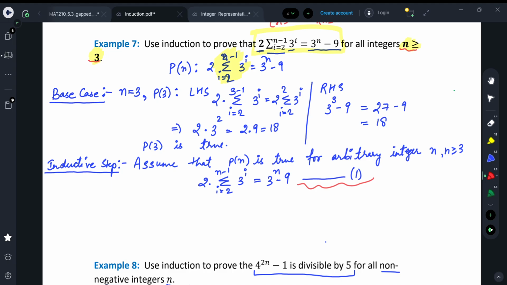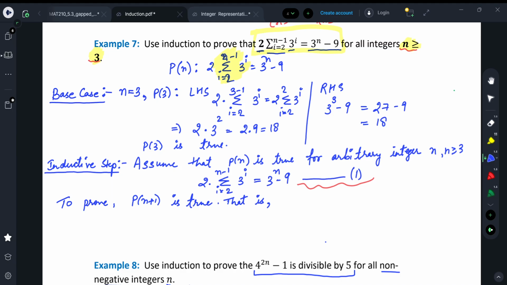Now it looks like I'm going to run out of space here, which is very common with me. To prove P of n plus 1 is true, right? So I have to prove Pn plus 1 is true. It's useful to write it out explicitly what we need to prove, especially under exam pressure, right?